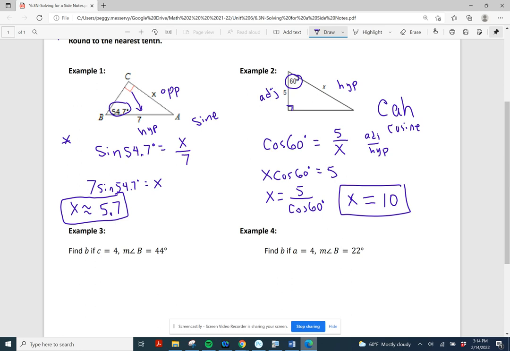Okay, for example 3 and 4, I need to explain something about how we label triangles. So if I have a right triangle, if this is angle A and this is angle B, we are going to consistently put angle C as the right angle. So when we have a right triangle ABC, we're going to assume that we have right triangles in every problem.